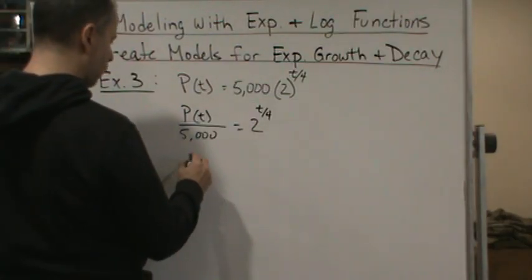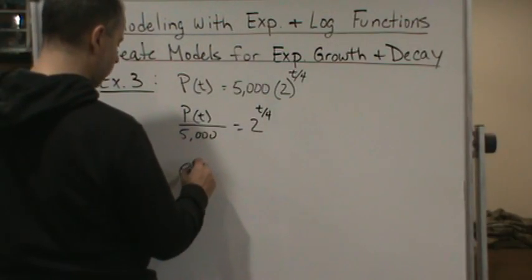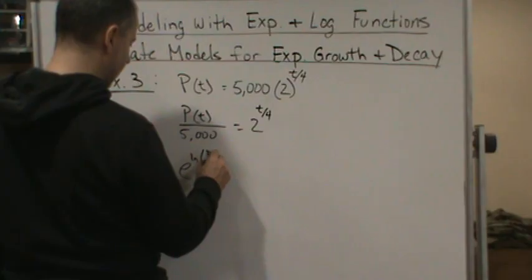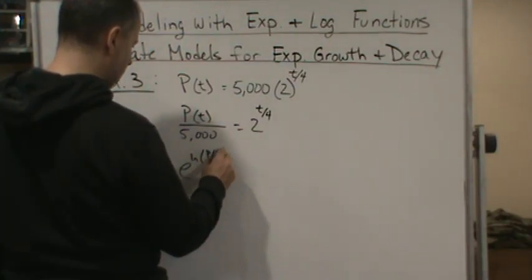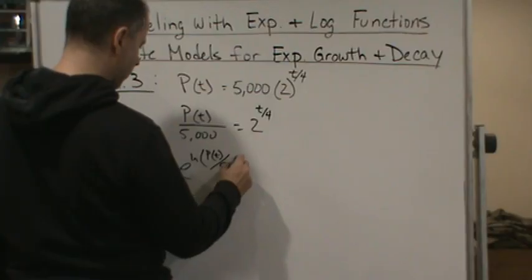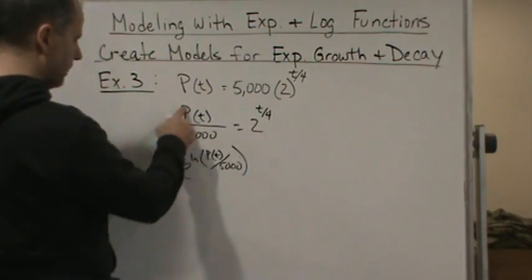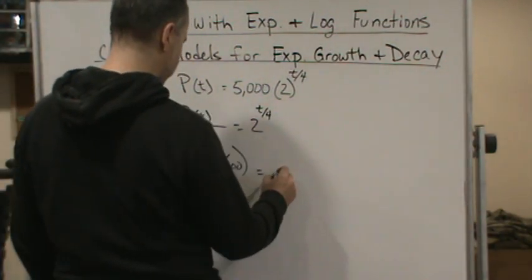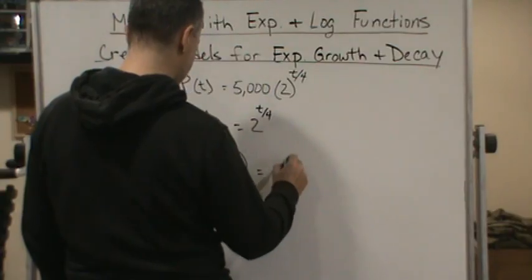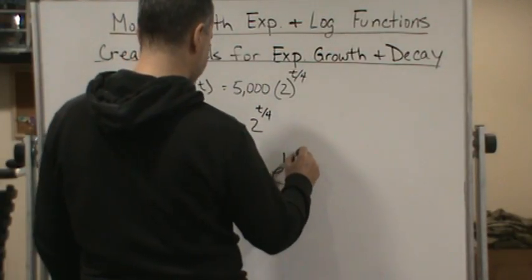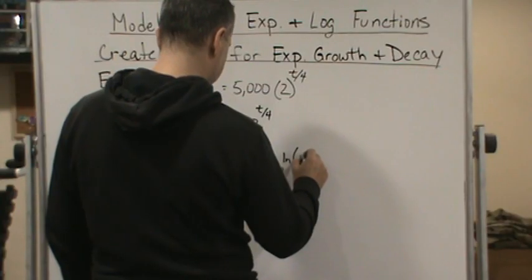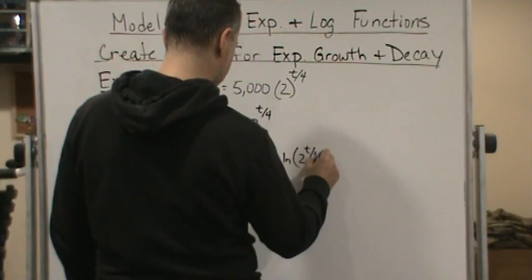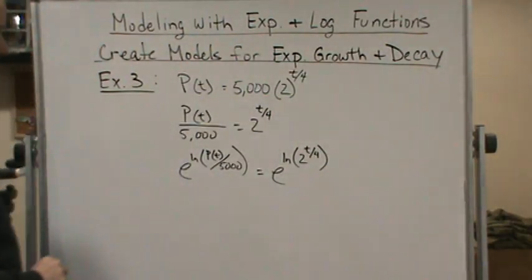So I'm going to say, okay, let's raise this to e to the natural log of P of T divided by 5,000, right? So I didn't change anything. I just rewrote this as an equivalent expression, okay? And now I'm going to do the same thing over here. I'm going to write this as e to the natural log of 2 to the T over 4 power. Okay, so far so good.